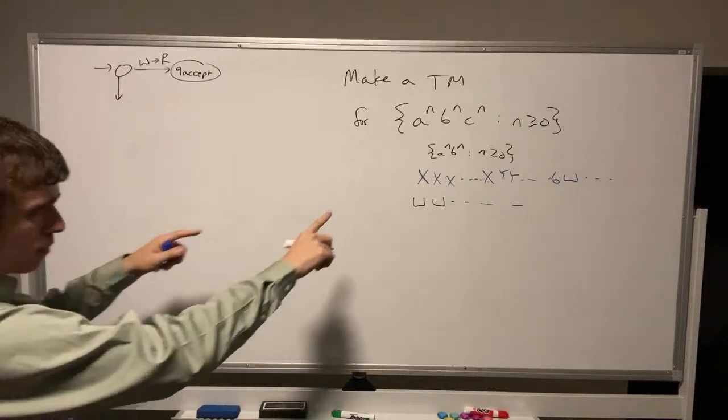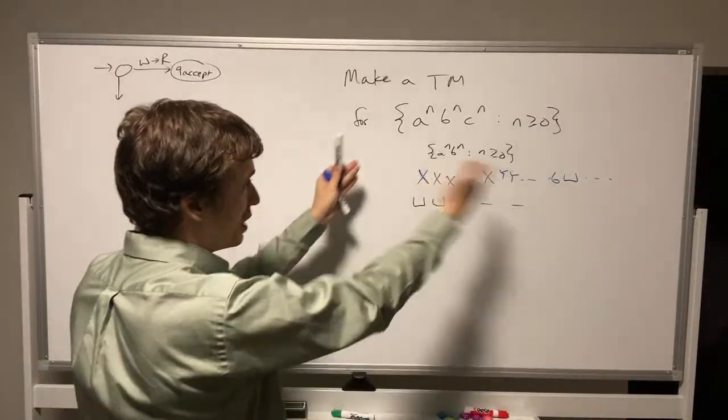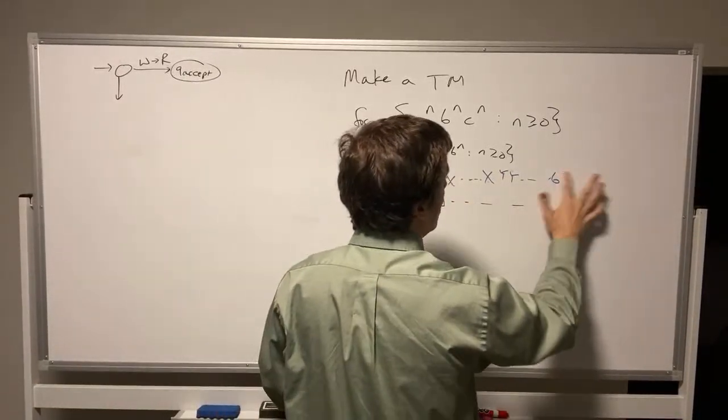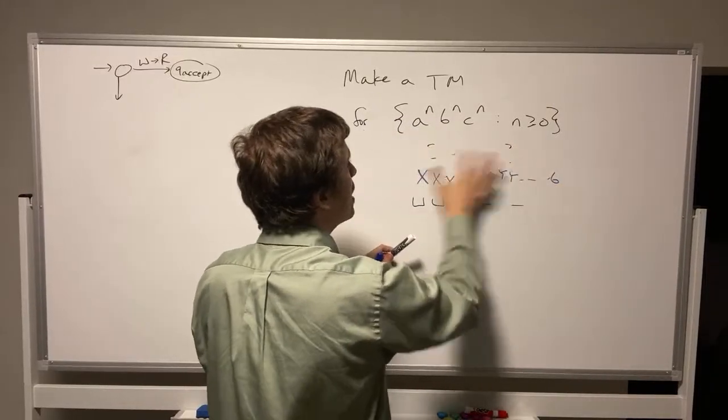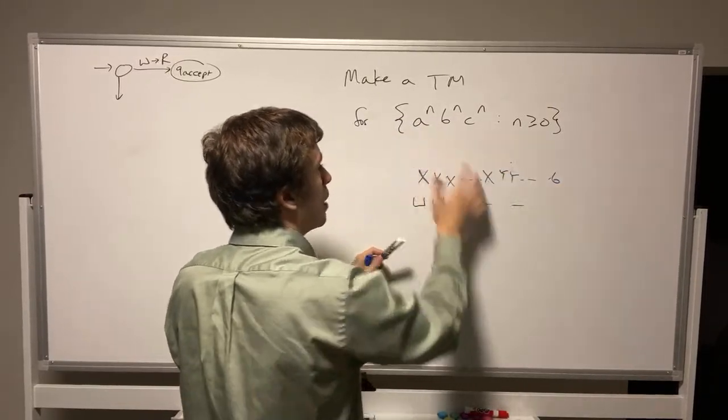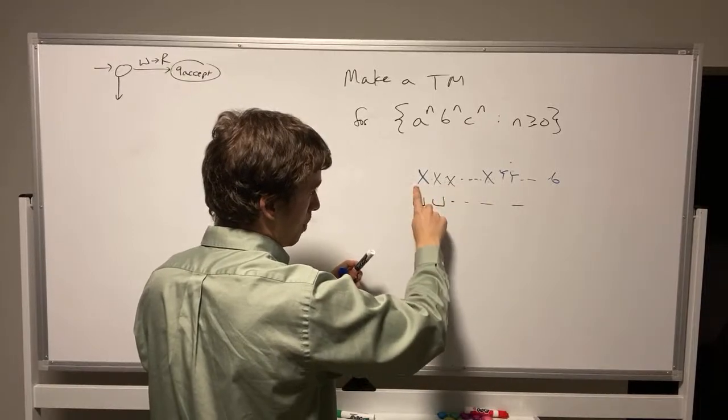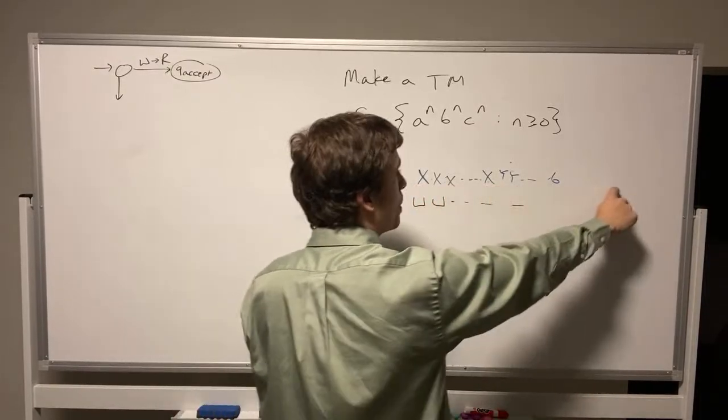So here, our strategy, if we wanted to extend this idea over to A to the N, B to the N, C to the N, is to say I'm going to have a bunch of A's, a bunch of B's, a bunch of C's.